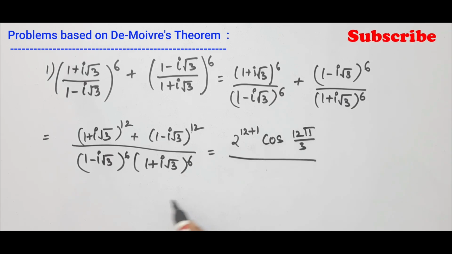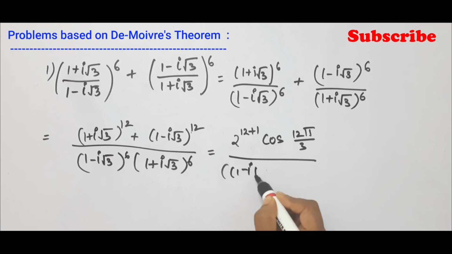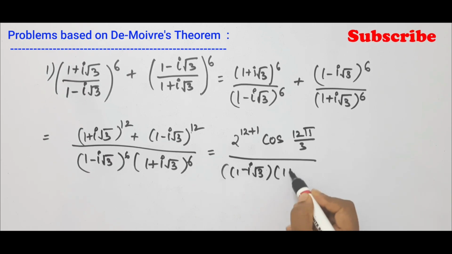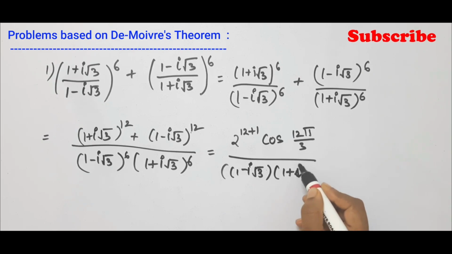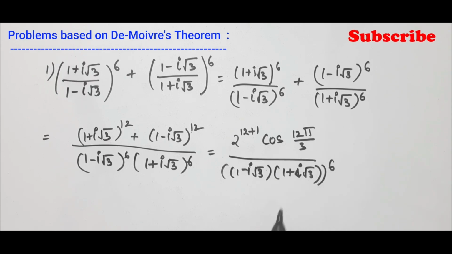Now the denominator can be written as (1 plus i root 3) into (1 minus i root 3), whole power 6. Is it not? So this is of the form a minus b into a plus b. So we can write the denominator as a square minus b square.